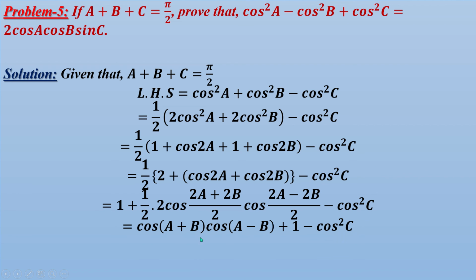Now calculate this cos (A plus B) cos (A minus B), and here will be 1 minus cos square C. 1 minus cos square C means sin square C. And here A plus B means pi by 2 minus C. Other parts, here will be A minus B, not C, here will be B. Plus sin square, here also will be sin square C, because 1 minus cos square C means sin square C.